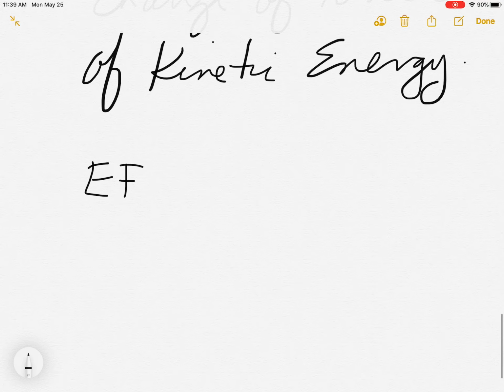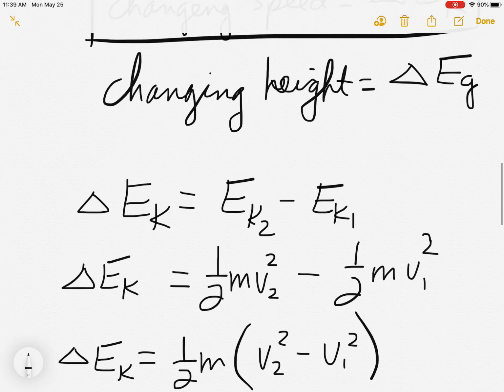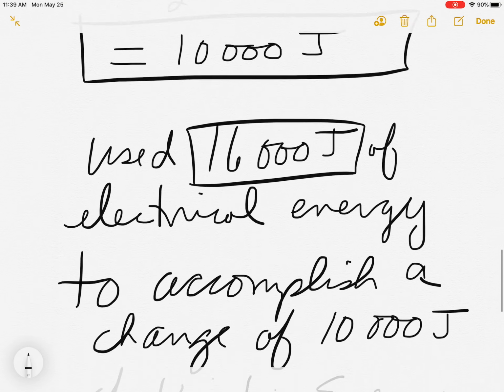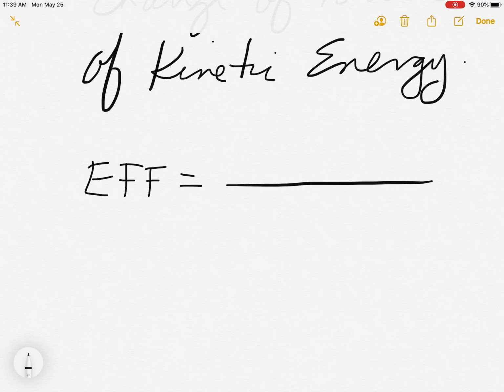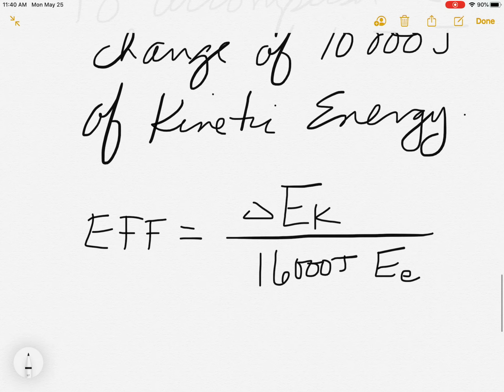So if we want to calculate the efficiency, then what we do is we go back to here, we take what we accomplished, which was effectively the change in kinetic energy, right? The change in the EK, and we divide that by whatever it was that we had to put in, and that was the 16,000 joules of electrical, I'll call it EE, electrical energy.